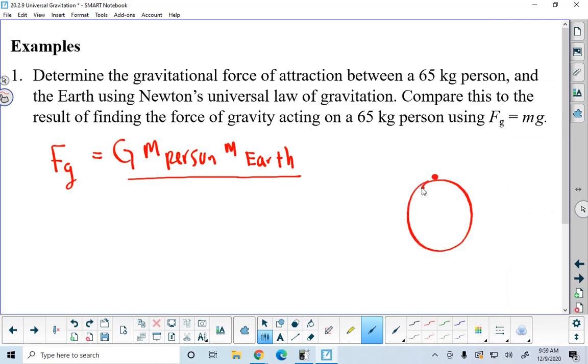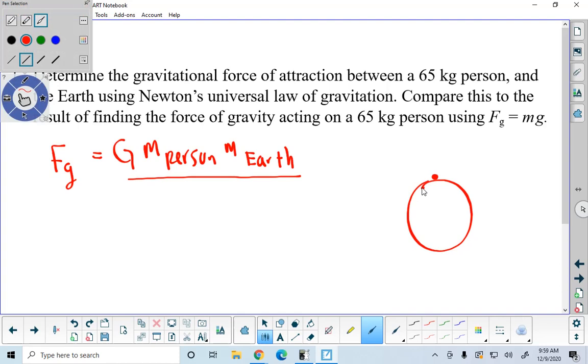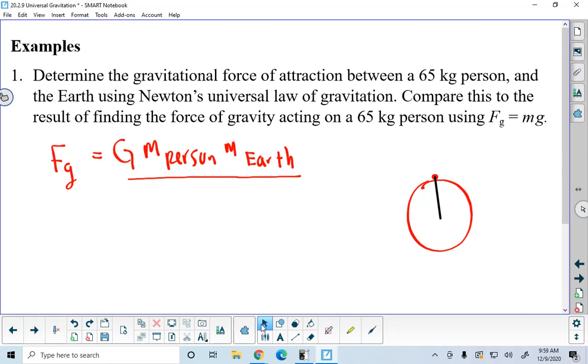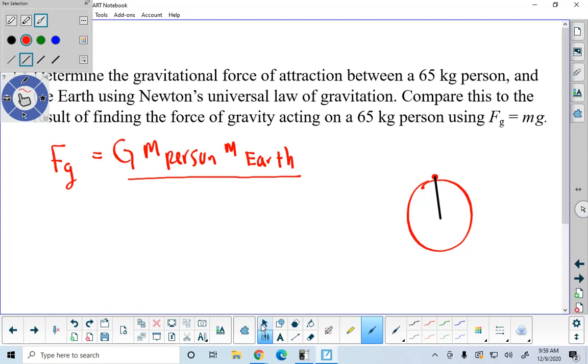What is the distance between them? Well, the distance between them is the line connecting the center of the Earth to the center of the person. But that is the radius of the Earth. So what we're going to put in the bottom here is the radius of the Earth, and we need to square it.